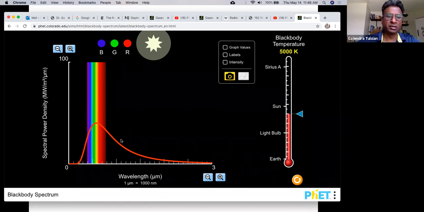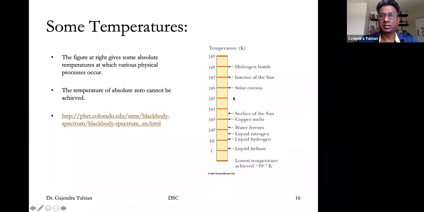That's how the temperature of all these objects are measured. If you wanted to measure the temperature at the center of the hydrogen bomb explosion, you measure the intensity of radiation coming from various wavelengths, and you can calculate the temperature.